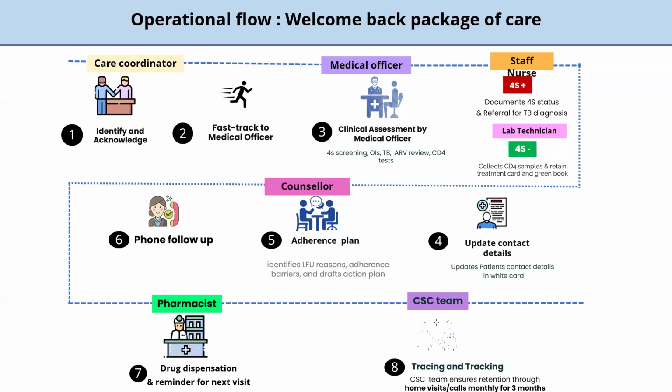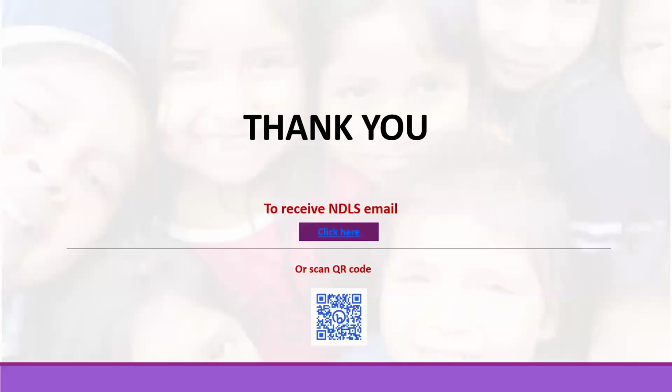Prioritize the patients who should be getting the maximum care, prioritize the patients who should be getting a differentiated package of care within those who are stable, and definitely have a hawk eye on patients who are re-engaging into care, and provide them a welcoming ecosystem within your own ART centers. Thank you.